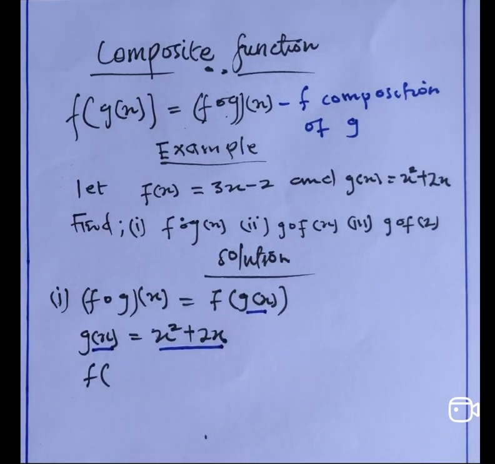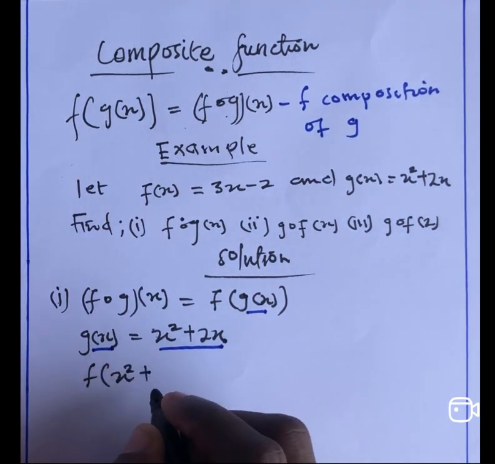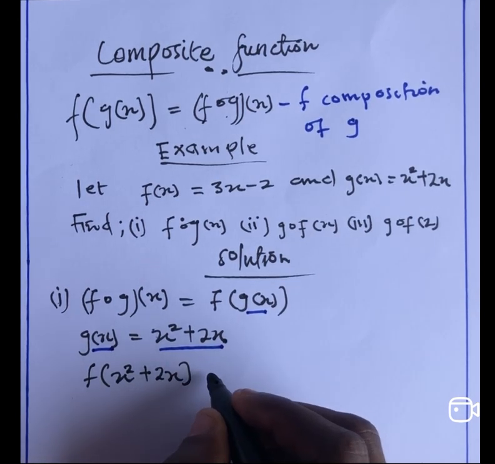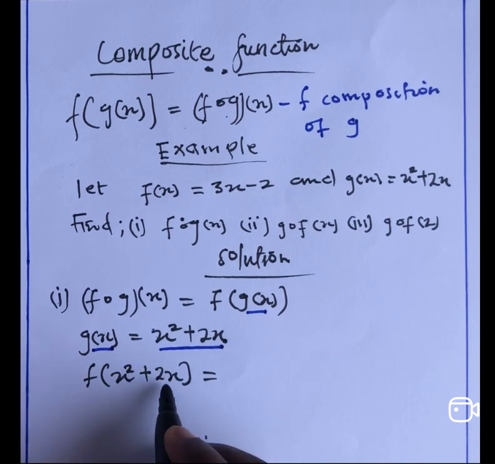Okay, so we have x squared plus 2x here. Now the meaning of this is that wherever I see x in the f of x function, I replace it by what? x squared plus 2x.